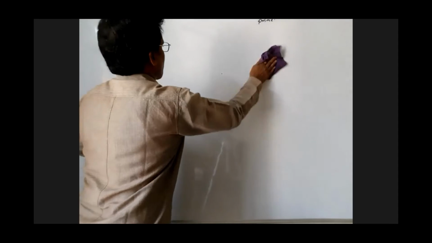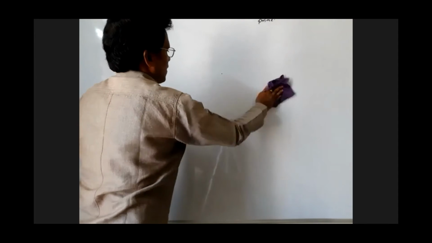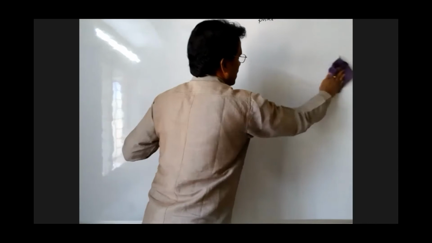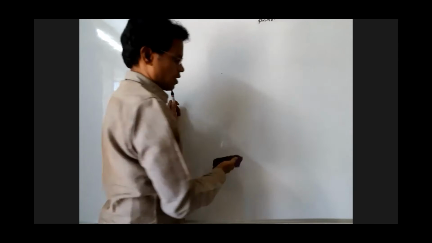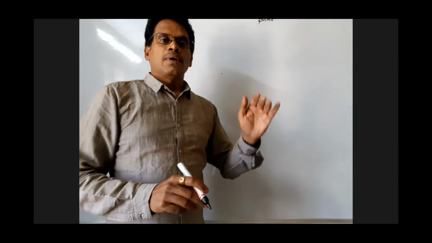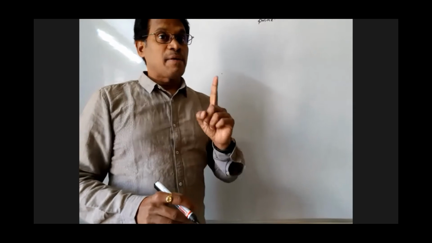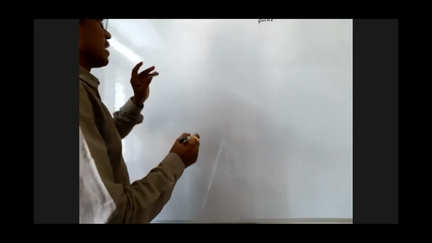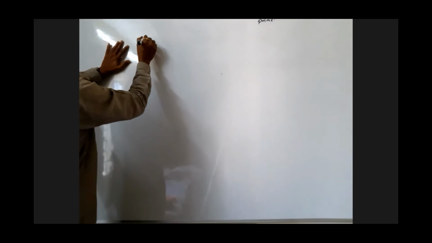Now I'm going to the problem. What is given is that the probability of getting a number on the face of the die is directly proportional to the square of the number. Let us suppose k is the number.